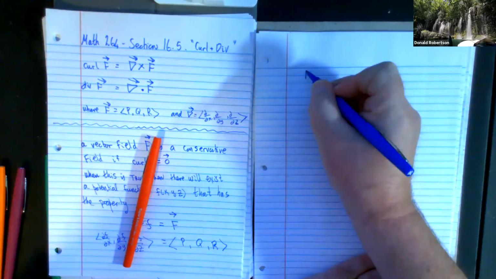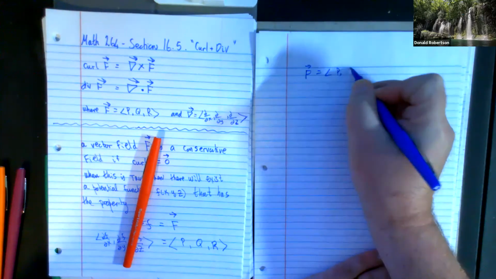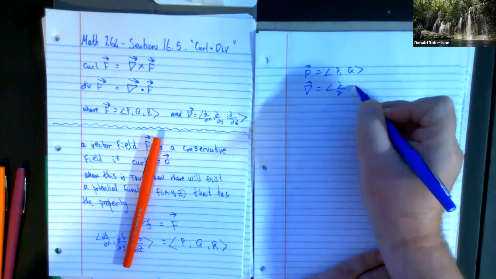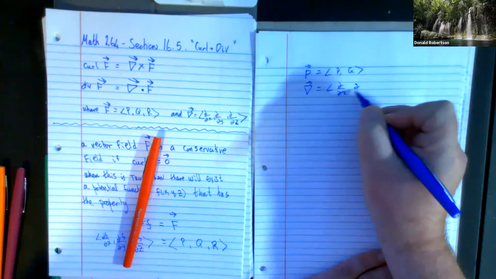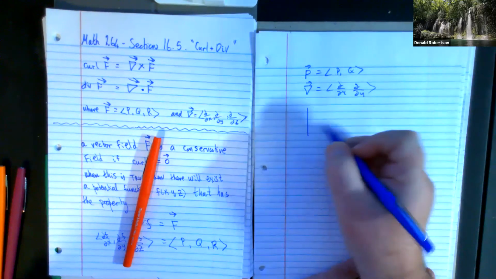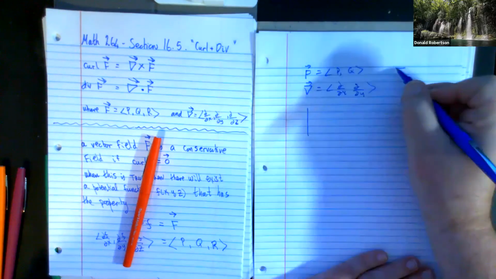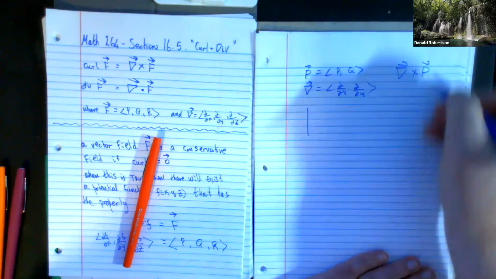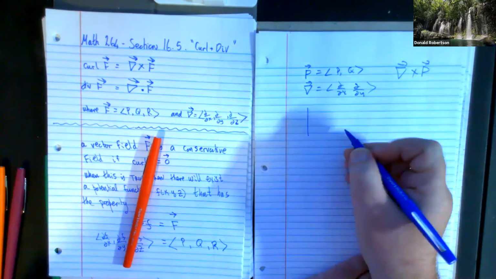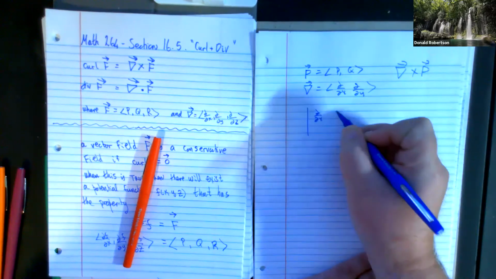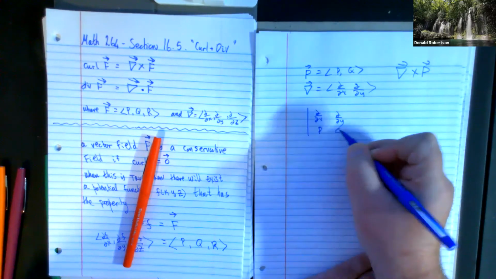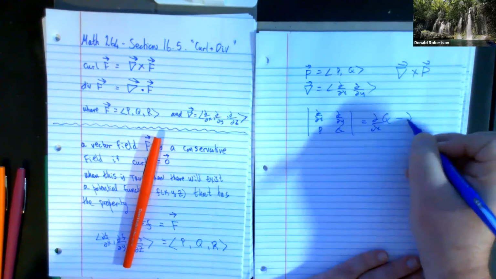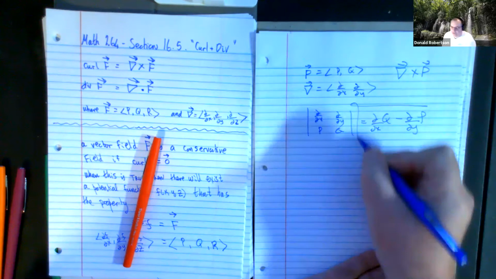Let's call it P and Q. Since it's two-dimensional, you don't need the I's and J's. You just need these guys. So what you get is this guy take away that guy, which is the test that you used when it was two-dimensional.